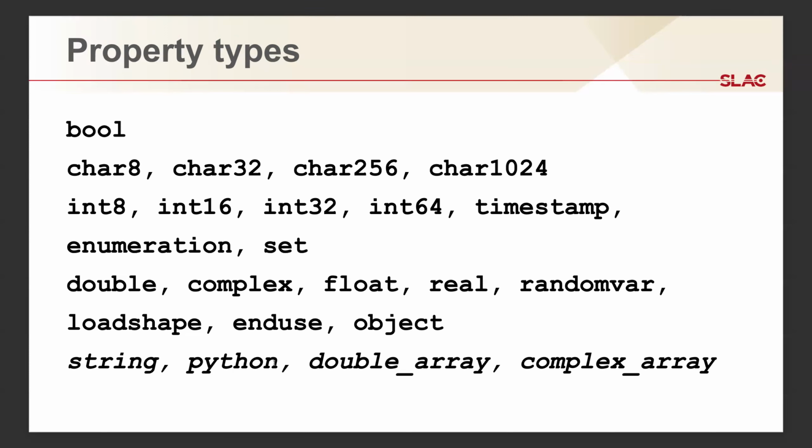Python is a Python object, which allows you basically to capture the properties of a Python object itself in the GridLAB-D model and share it between other Python code, so that you can have, for example, one object contain some data that was generated by Python and pass it to another object and have that other object manipulate that Python data. A double array is simply an array of doubles that you can index. It's two-dimensional, and the same with complex arrays.